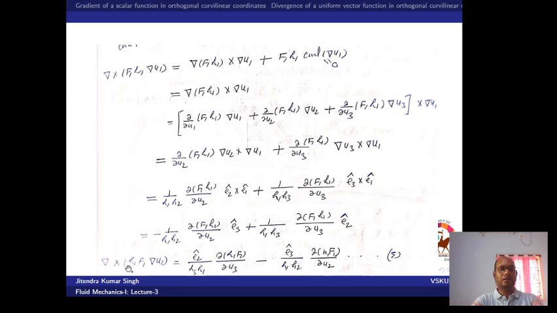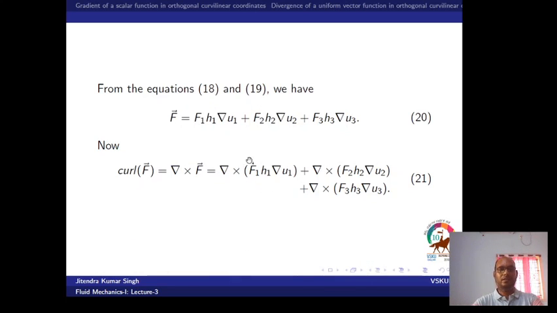Therefore curl of h1 f1 grad u1 is equal to unit vector e2 by h3 h1 dou by dou u3 of f1 h1 minus unit vector e3 divided by h1 h2 dou by dou u2 of h1 f1. So this one is the first term of equation 21 that I calculated.